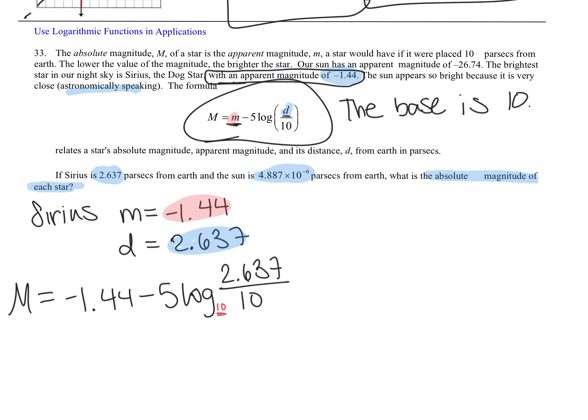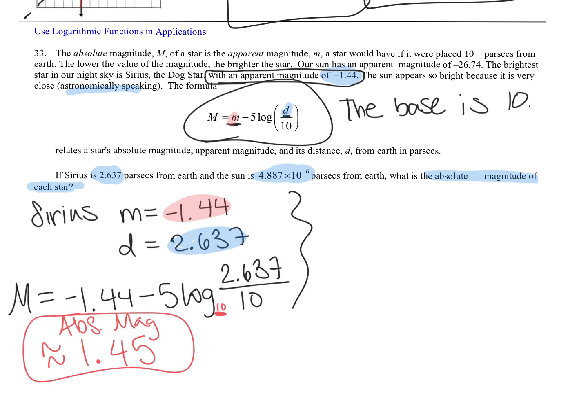I did it in red for you. If you do this correctly, and you type it in all at once exactly as it looks, you should get approximately 1.45. So that would be the absolute magnitude, which is big M, for Sirius. Now, how about the sun?